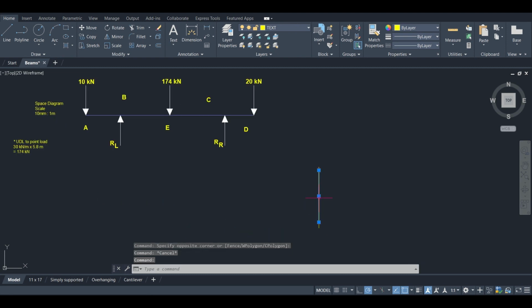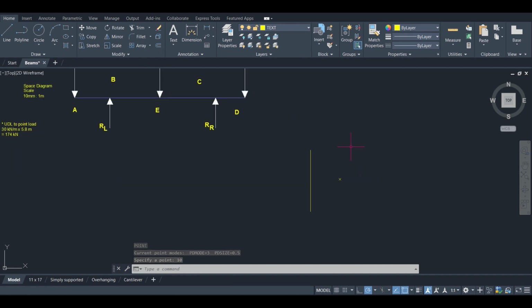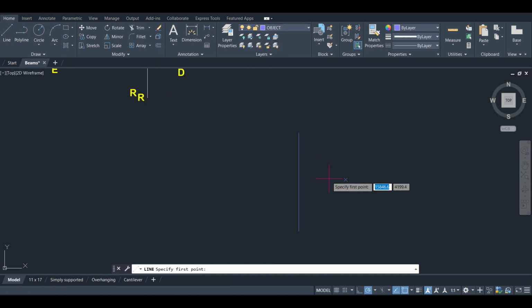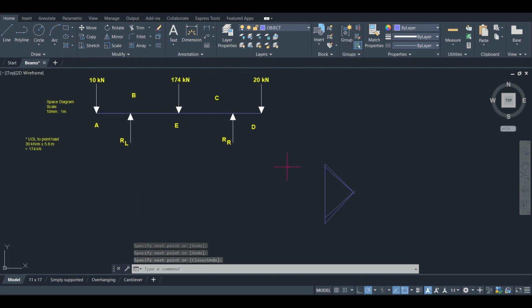So you can see that the uniformly distributed load is a very large load. So now we're going to put in our points. I'm going to put a distance of 10. So now I'm going to be connecting each end of my load line to the point.